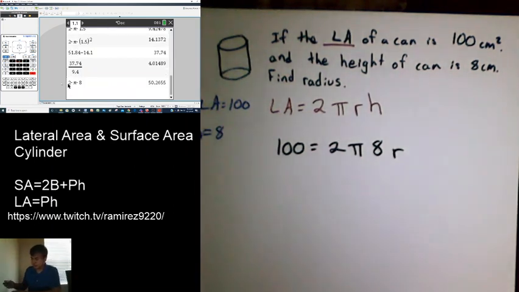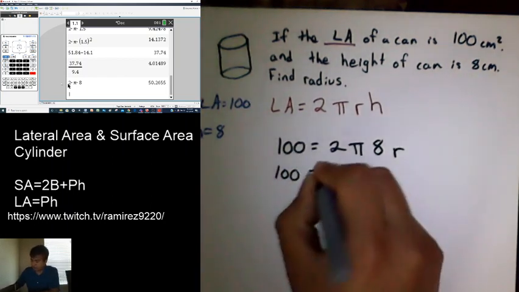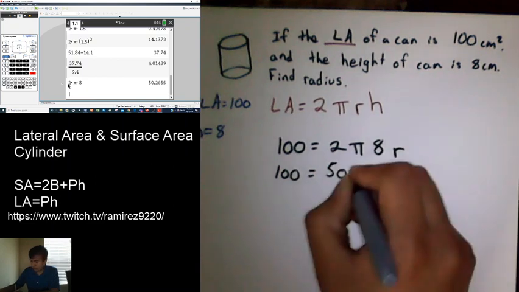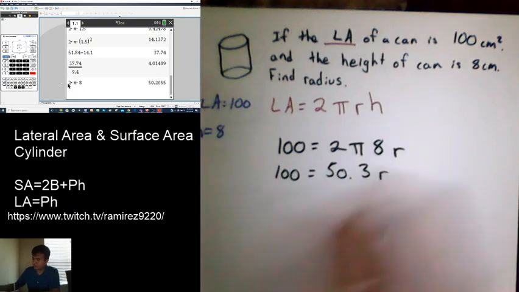I think it'll make it a lot friendlier. So 100 is equal to 50, I'll go ahead and round, 50.3 r.